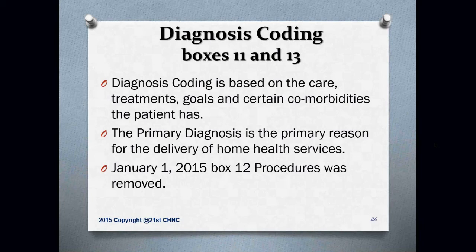So if you were doing wound care, they would expect to see a diagnosis of open wound or post-op infection or something of that nature. Again, it should be based on all of your care and your treatments, and even certain comorbidities that the patient may have. That might be a patient you're providing wound care to who also has diabetes. So diabetes would be appropriate to have there as well.